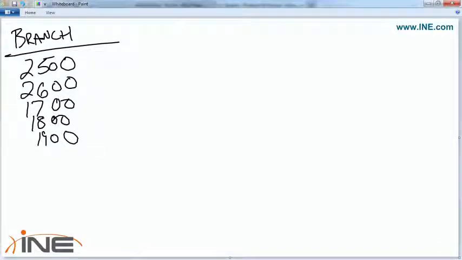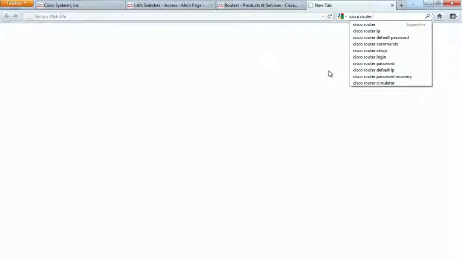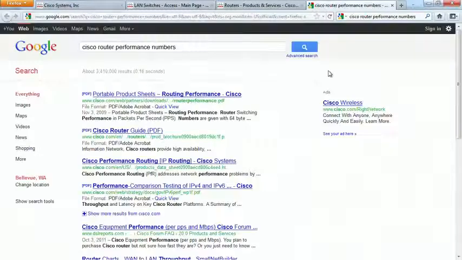A lot of the naming conventions can get kind of confusing, how they use these numbers and how they relate to each other. But there's a really good document, and for whatever reason they don't publish this anymore, but it talks about the Cisco router performance numbers.